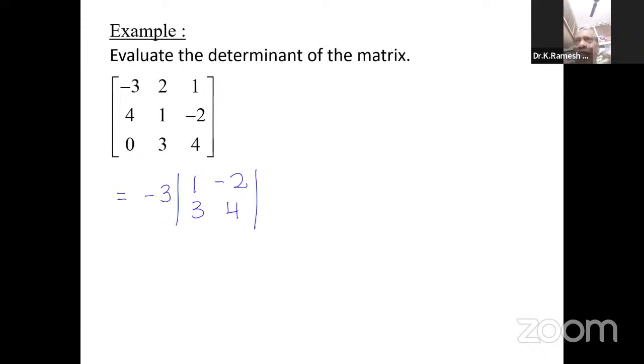If you want to evaluate the determinant of a matrix minus 3, 2 and 1, 4, 1 and minus 2, 0, 3 and minus 4, we can expand this determinant along the first row. That is, you take the first element minus 3, and then leaving the column and row of that element, you take the determinant of the 2 by 2 matrix of the remaining elements, and then you take minus of the next element 2, and take the next 2 by 2 determinant.